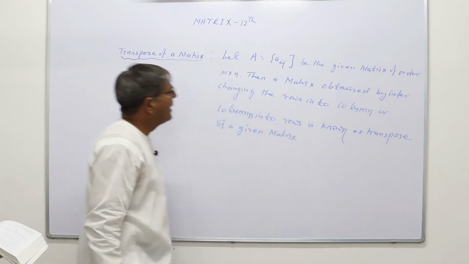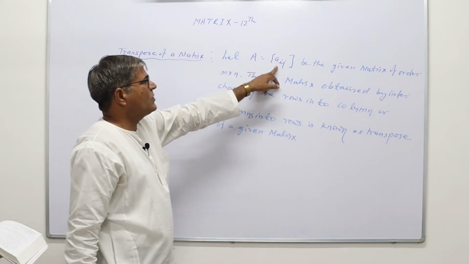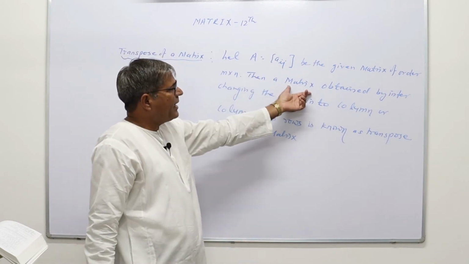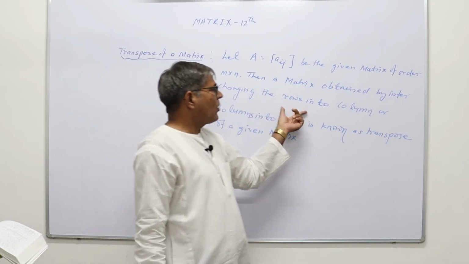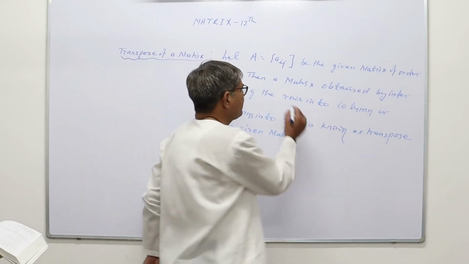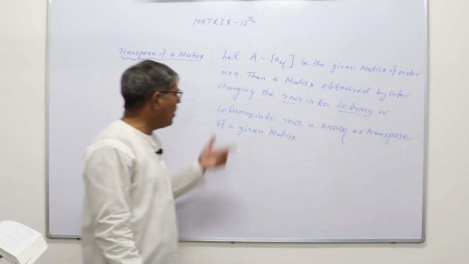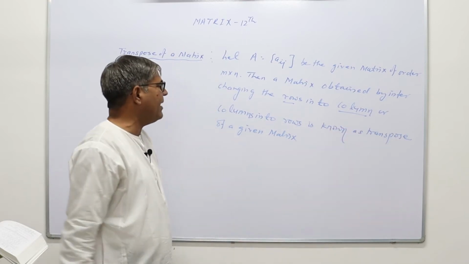Listen carefully. Let us have one matrix A = [Aij] of the order m cross n. Then a matrix obtained by interchanging the rows into columns, or columns into rows, is known as the transpose of the given matrix.